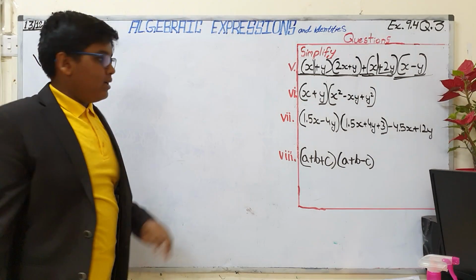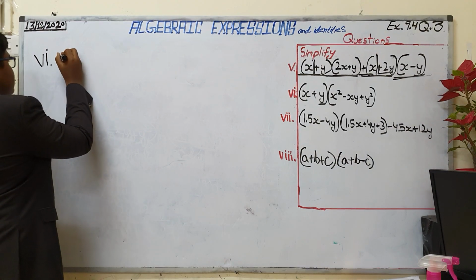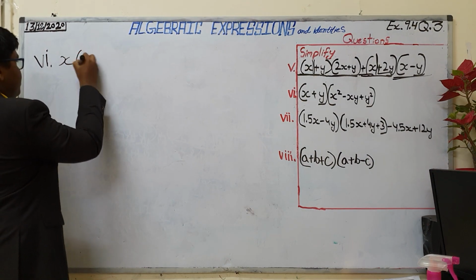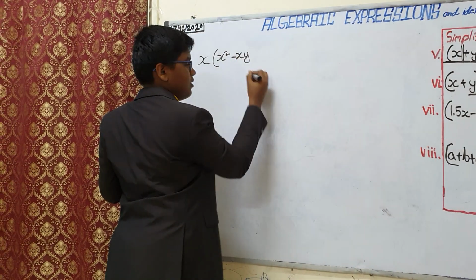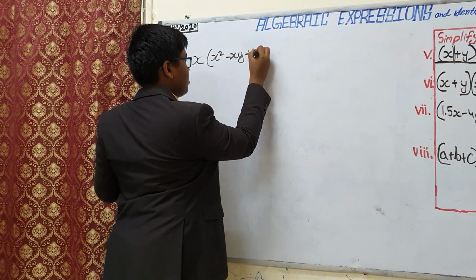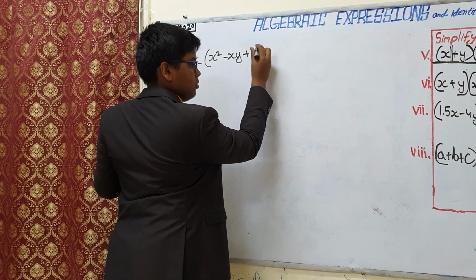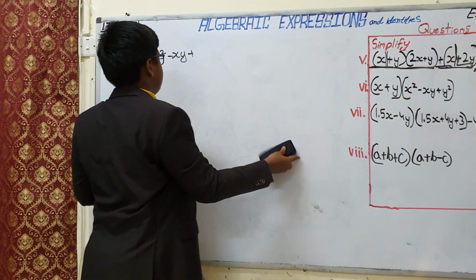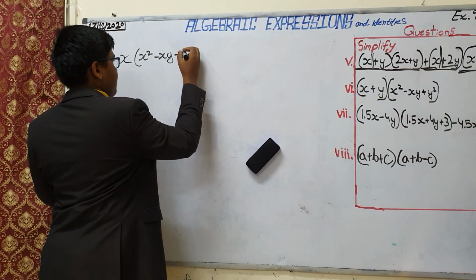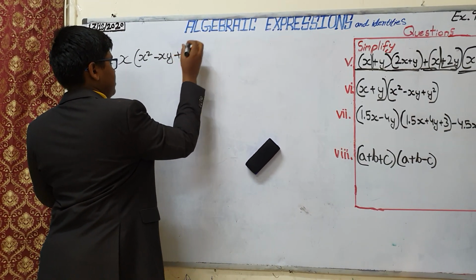Okay. Now the question is x plus y, then in bracket x squared minus xy plus y squared.